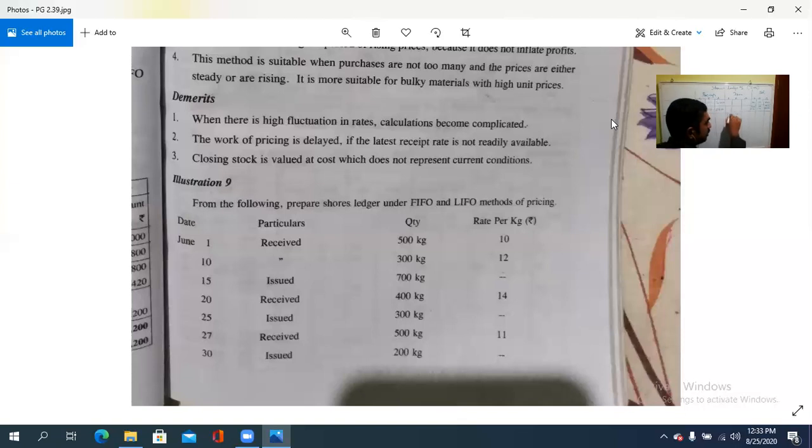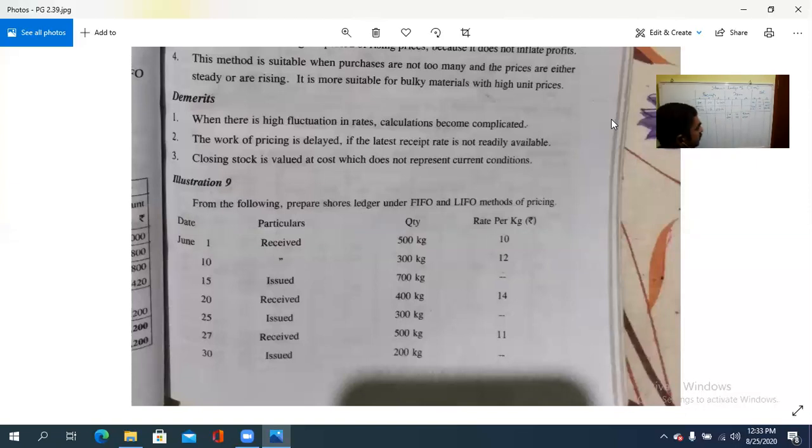So see, 5 plus 2, 7. 700 issued. Because the first lot is fully utilized, nothing is available from it. So 510 and 212: this is 5,000 and this is 2,400. Now the available balance is what?